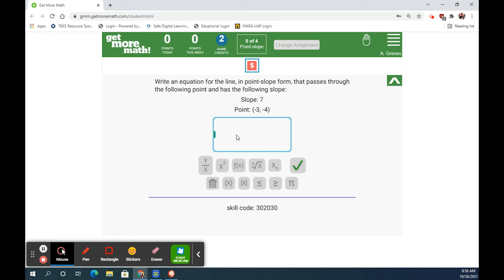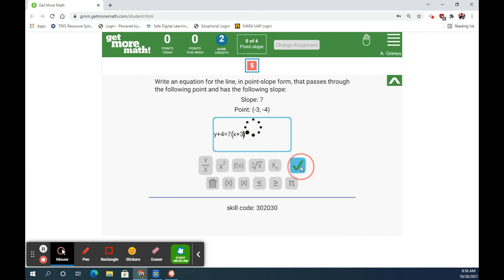So the answer here would be y minus negative 4, but that turns into plus 4, equals the slope 7. I'm going to go ahead and use the parentheses. x minus negative 3, which turns into plus 3.